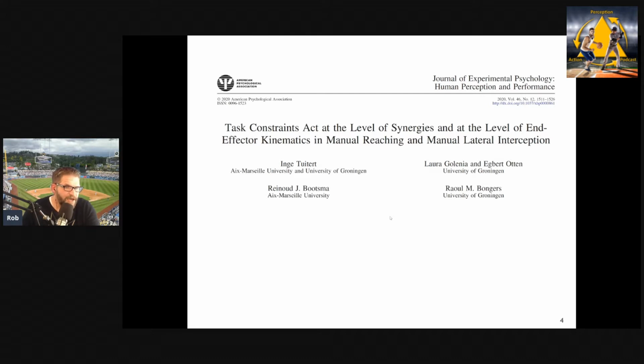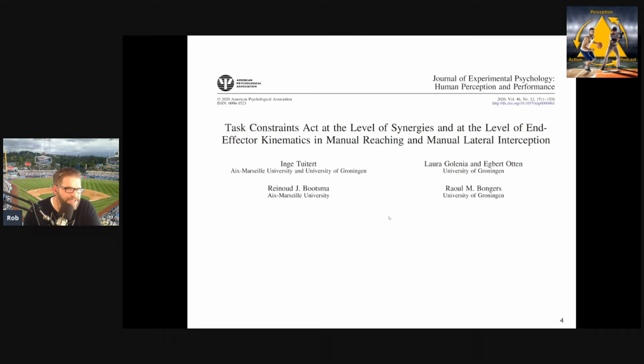This study I chose, I like for a couple of reasons. One of them is it addresses an interesting question of how these synergies are formed, how they're shaped by the constraints of the task. Also, I chose it because it illustrates a concept. In the very first article I reviewed in this series, when I was talking about motor learning in a real task, I critiqued basic research where people are using reaching tasks and very simple tasks in the lab.